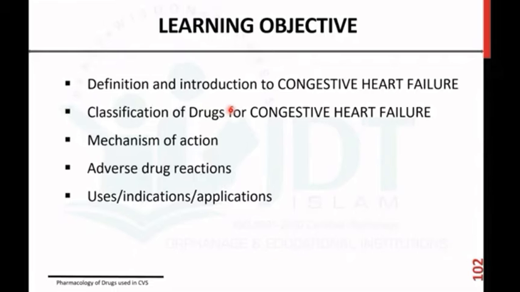Congestive heart failure is the inability of the heart to pump sufficient blood to the body, and it fails to maintain the circulation of blood. It can be caused by impaired ability of the heart muscles to contract or an increased workload imposed on the heart.